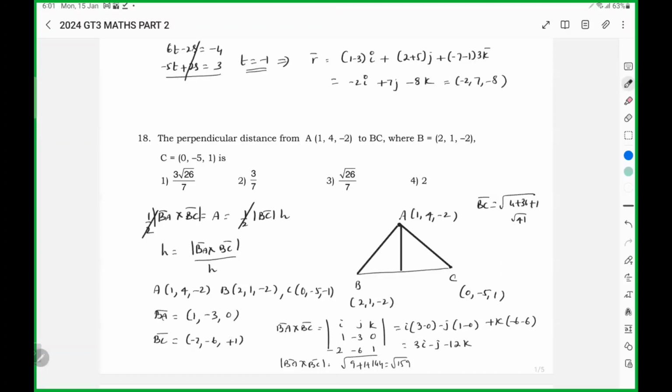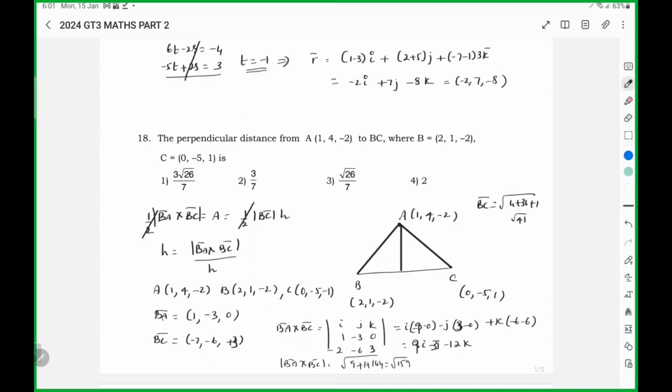Here I made a mistake. BC here is 3. j into 3, k into minus 6, minus of 6, okay, 9i.